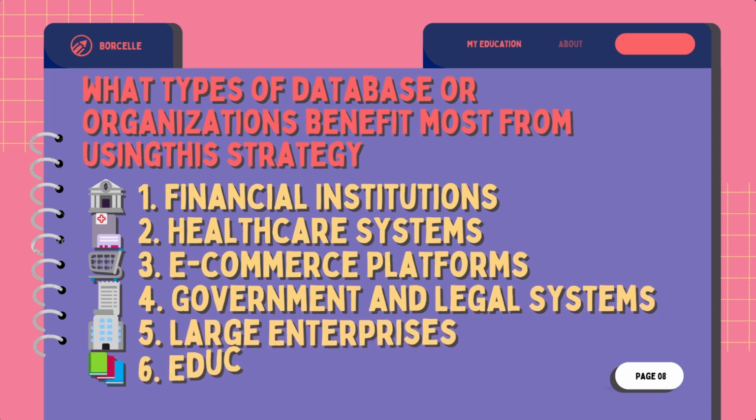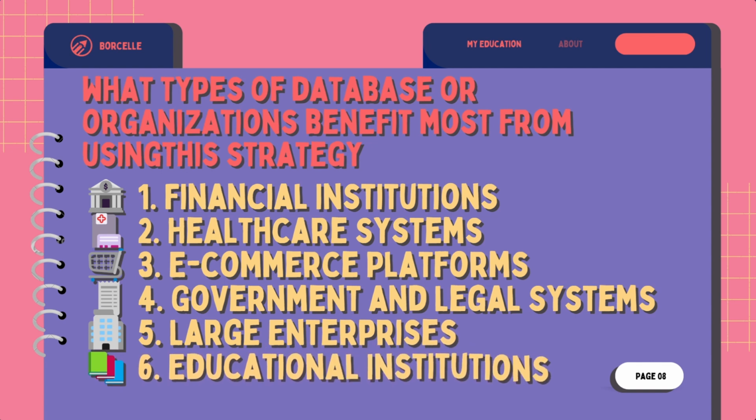Hospitals, clinics, and labs must protect sensitive patient data and ensure uninterrupted access. And third, e-commerce platforms. Online stores and marketplaces handle thousands of real-time transactions requiring quick rollback if issues occur.